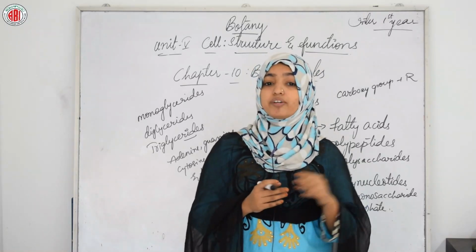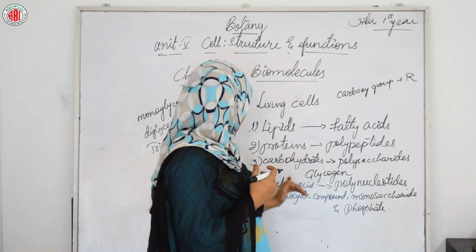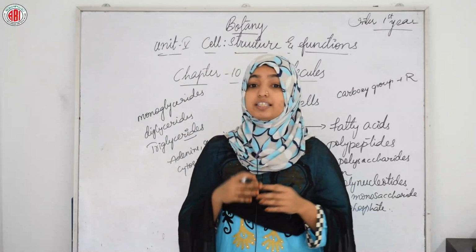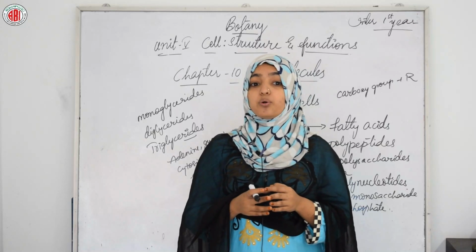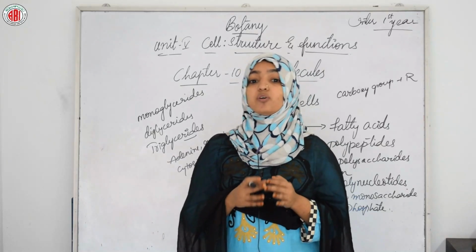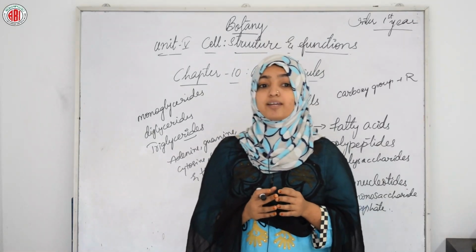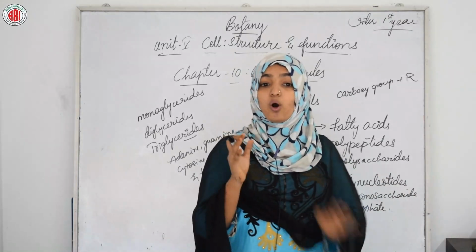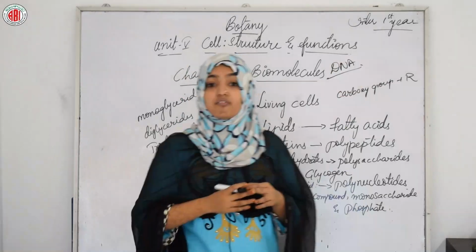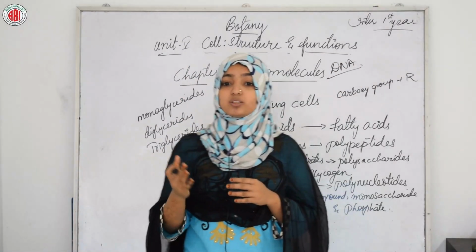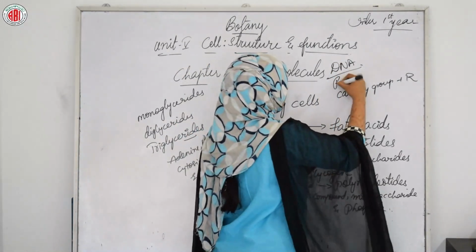And the sugar found in polynucleotides or nucleic acids is either ribose, a monosaccharide pentose, or 2-deoxyribose. A nucleic acid containing deoxyribose is called deoxyribonucleic acid, that is DNA, while that which contains ribose is called ribonucleic acid, that is RNA.